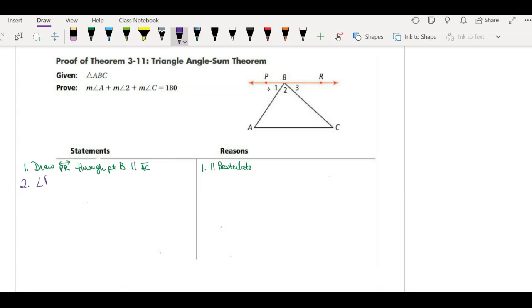So we've got angle PBC, and it's okay that this big angle contains 2, as long as we can name it with 1, plus angle 3 are supplementary. So angles that form a linear pair are supplementary.